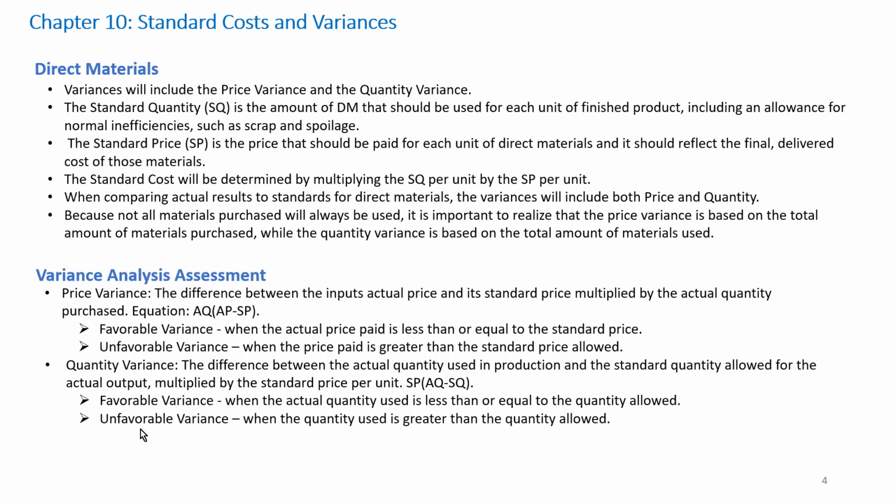If more materials are used, then an unfavorable variance will be reported. Because not all materials purchased will always be used, it's important to realize that the price variance is based on the total amount of materials purchased, while the quantity variance is based on the total quantity used.